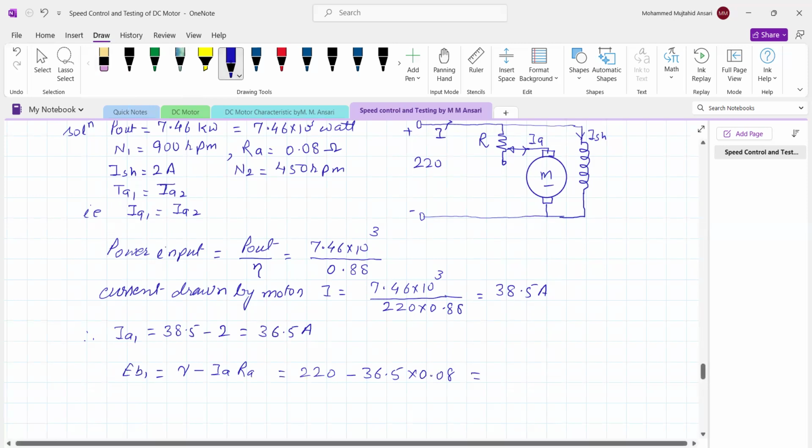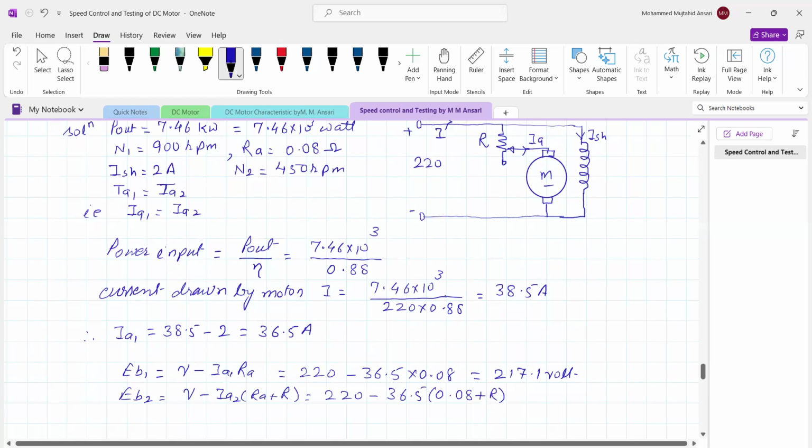It is equal to the back EMF in the first case, 217.1 volt. Whereas back EMF EB2 is equal to V minus armature current IA2 into RA plus R, the external resistance. So it is 220 minus 36.5 into bracket 0.08 plus R.